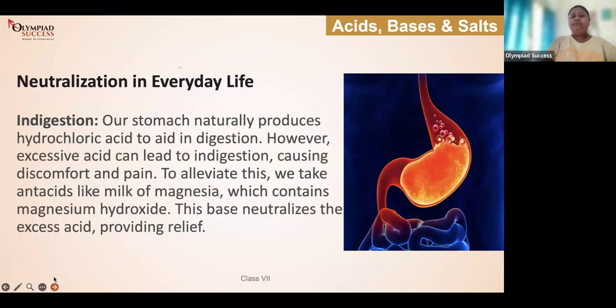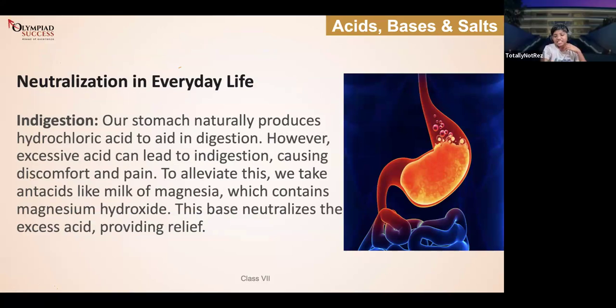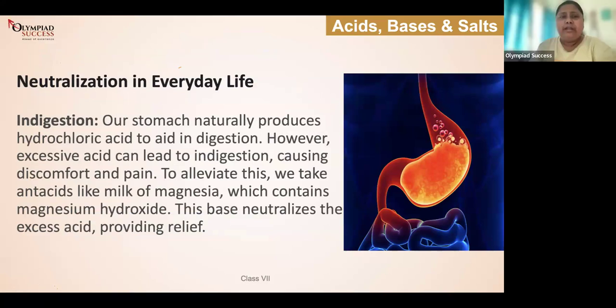Now moving on to the implications of the neutralization reaction. We were talking about acidity a few minutes back. How do we solve the problem of acidity? By drinking milk of magnesia or eating antacids.